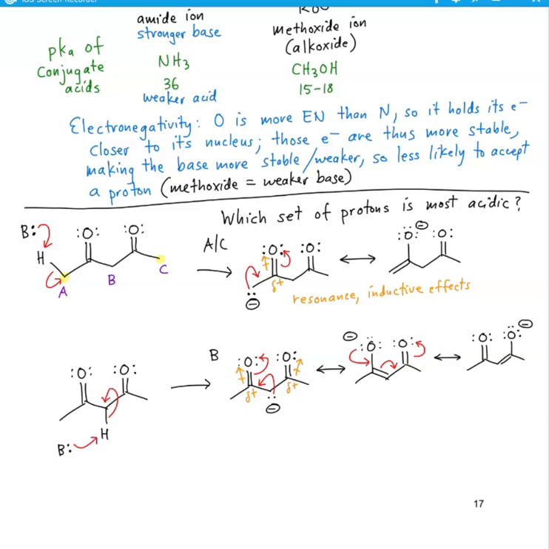Okay, so the bottom line here is that B, the conjugate base of the B protons, is more stabilized than the conjugate base of AC.